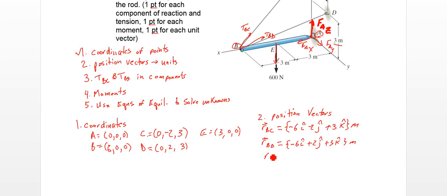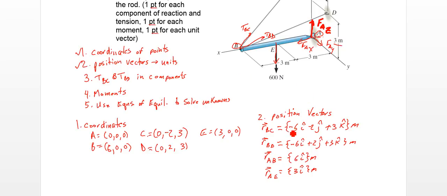Now we're going to need position vectors for a different purpose here. These are to calculate some moments. So we're finding R_AB, and that's pretty straightforward. Since A is 0, 0, 0, we just take B's coordinates. So we have 6i meters, and R_AE equals 3i meters.